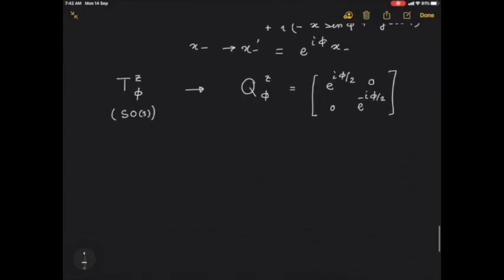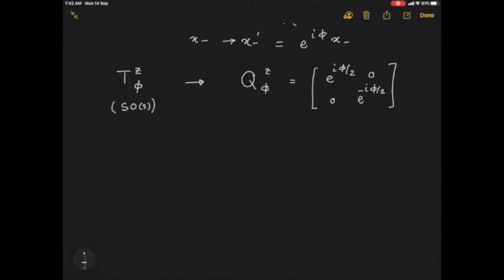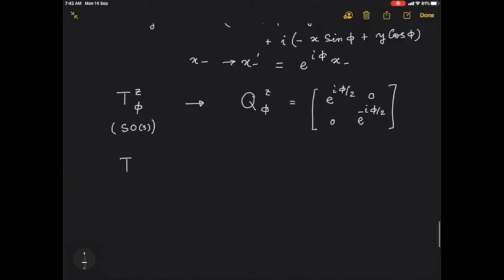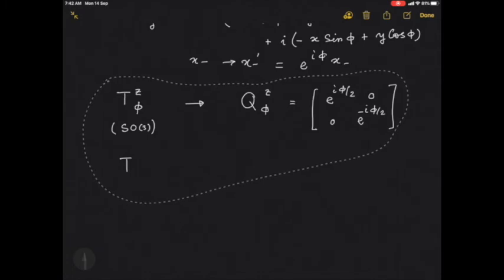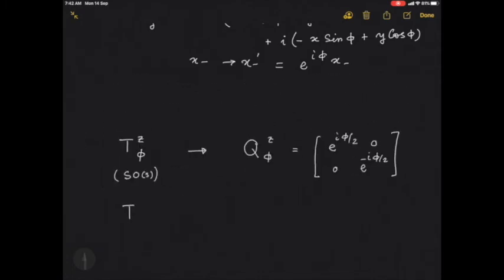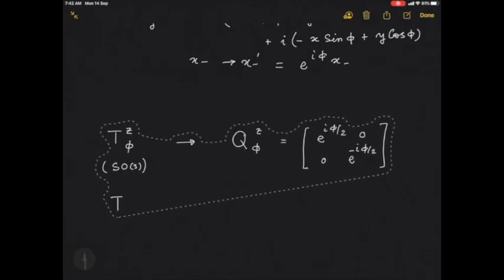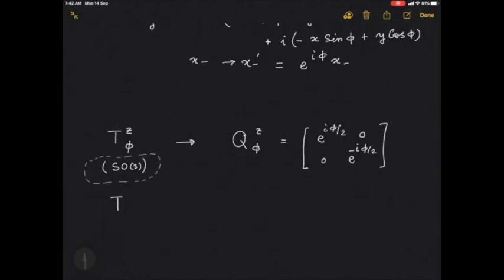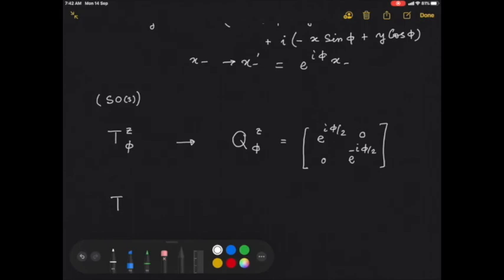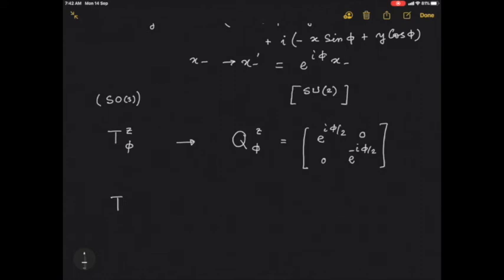I will not prove it for you, but I will write down the other ones. So these are all SO3s. Let me do a little rearrangement of what I am doing here. This side is all SO3s, this side is SU2.